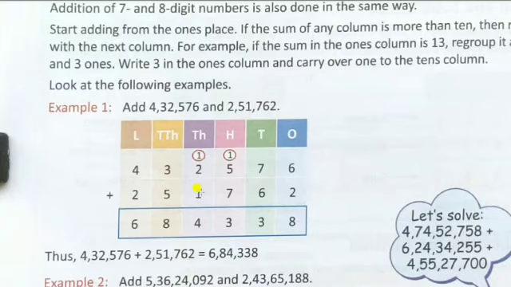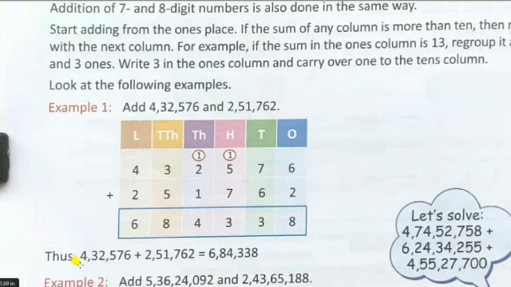Again add 2 and 1, it becomes 3. 3 plus 1 becomes 4. Proceeding further, no carryover is there, 4 is a single digit number. Further, we have 3 plus 5, it is 8. 4 plus 2, it is 6.